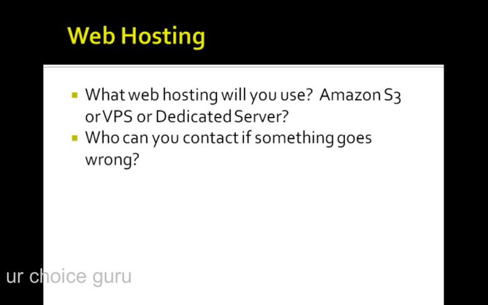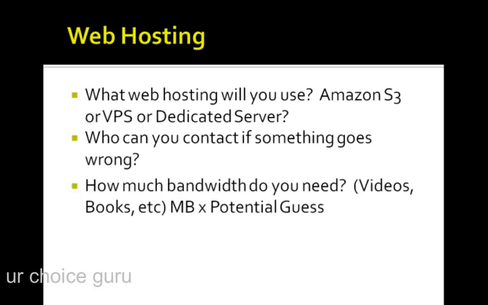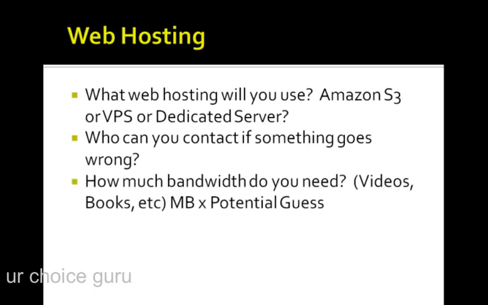Next question I want to ask you is, how much bandwidth do you need? Remember how I asked you what your product is? Well, this is the reason why. If you have a lot of videos, software, or big files, you need to figure out exactly the total amount of your megabytes or gigabytes. So let's say, for example, I have a video product and it's 100 megabytes. If 10 people download that, that's almost a gigabyte.